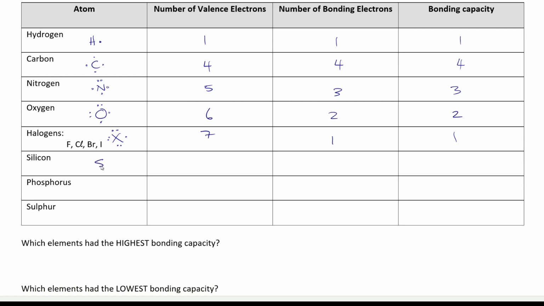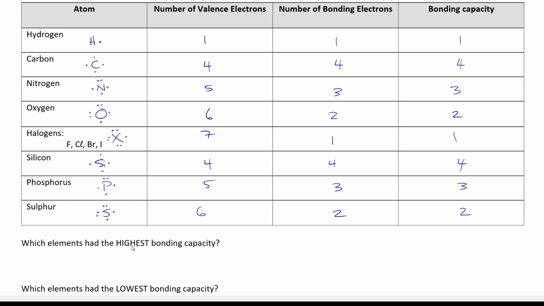If we look at silicon, silicon is 1, 2, 3, 4, 4 valence electrons, 4 bonding electrons, a bonding capacity of 4. If we look at phosphorus, phosphorus has 5 valence electrons, 3 bonding electrons, and a bonding capacity of 3. Sulfur, 6 valence electrons, 2 bonding electrons, and a bonding capacity of 2.